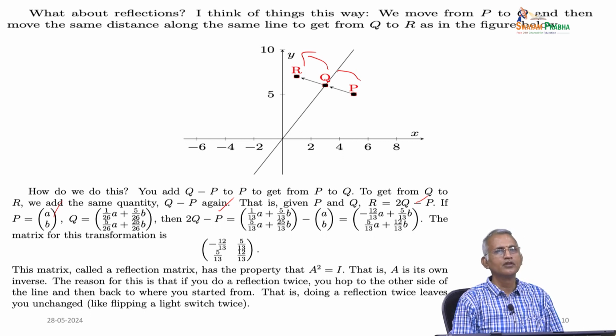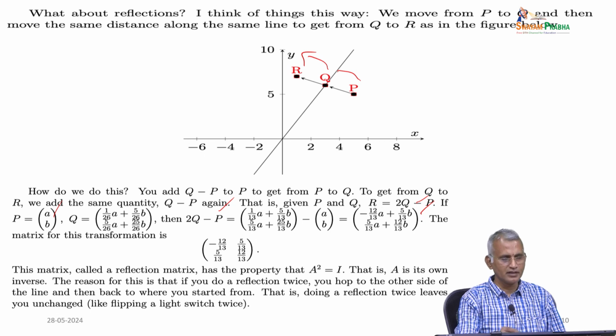Therefore, 2Q equals (1/13 A plus 5/13 B, 5/13 A plus 25/13 B) minus (A, B). Simplify and subtract, and the transformation matrix is minus 12/13, 5/13, 5/13 and 12/13. Call this the reflection matrix, and it has the property A squared equals I, that is, A is its own inverse.